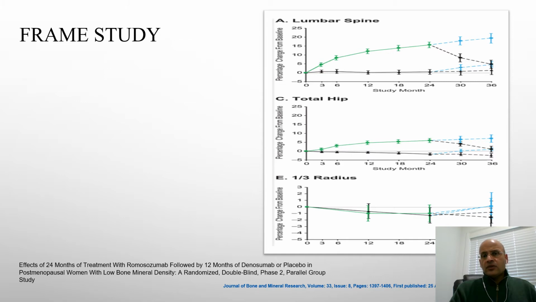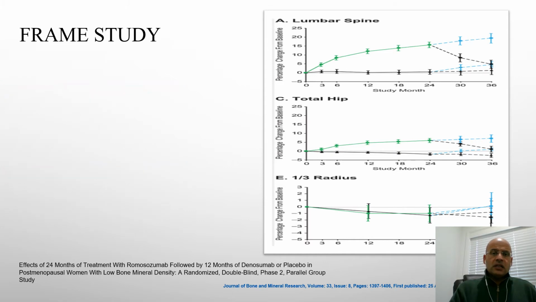Now, once you stop romosozumab, in green, the bone density gain will be lost again and will drop down to the pre-treatment baseline, and that applies to the hip as well and the radius. However, if you continue with denosumab, then you will maintain this benefit and even gain slightly more in the vertebrae.